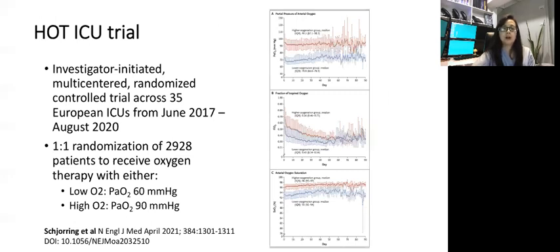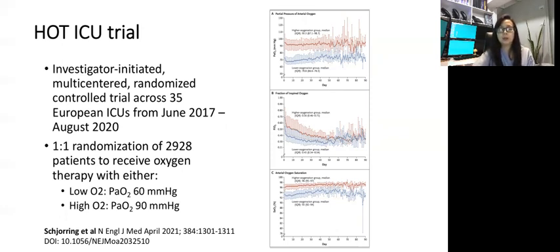The Handling Oxygenation Targets trial, or the HOT-ICU trial, was an investigator-initiated multi-center randomized controlled trial across 35 European ICUs from June 2017 to August 2020.